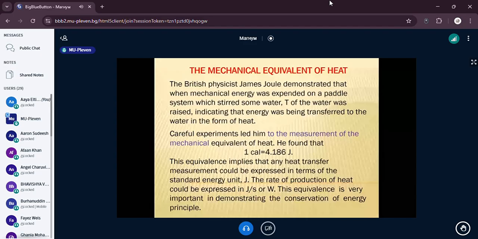So in solving different problems, we need to be able to change calories into joules and vice versa. And this conversion factor was suggested, was introduced by James Joule, who performed an experiment.